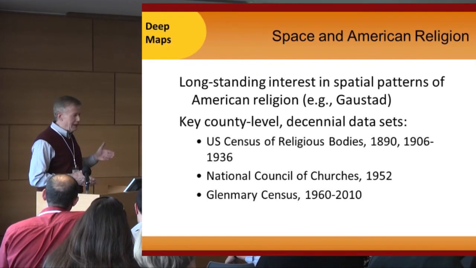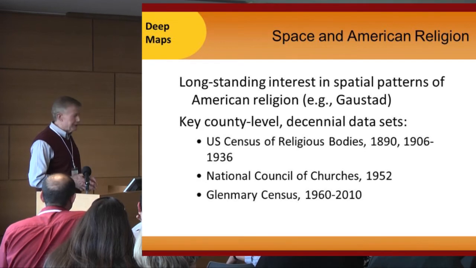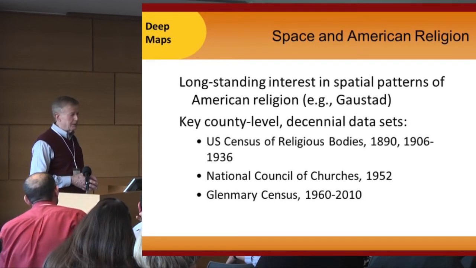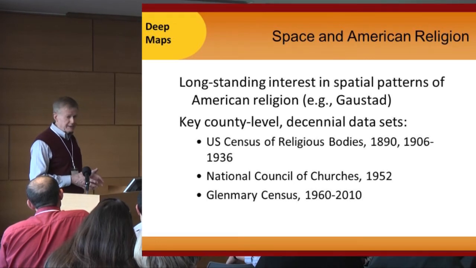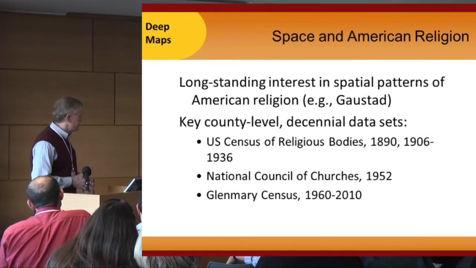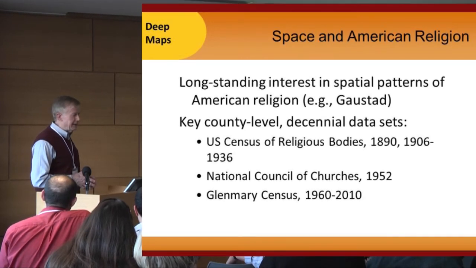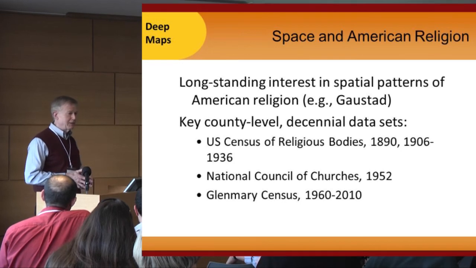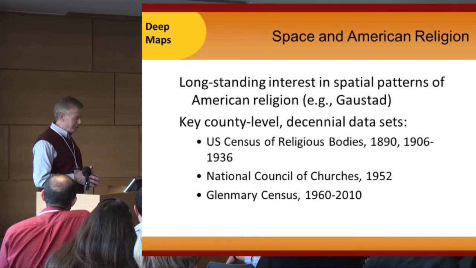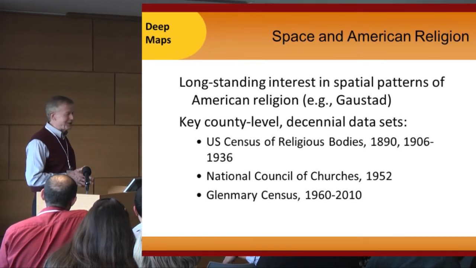And they relied upon several different data sets in pulling this information together. First of all, the U.S. Bureau of the Census would survey this, would gather this information as they did in 1890 and then in 1906, 16, 26, and 36, until finally someone pointed out that the practice of the U.S. government in collecting information about religious practices was unconstitutional, and the government should not be doing that, so they stopped.